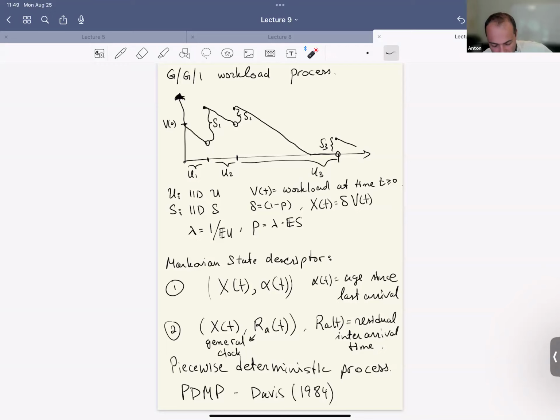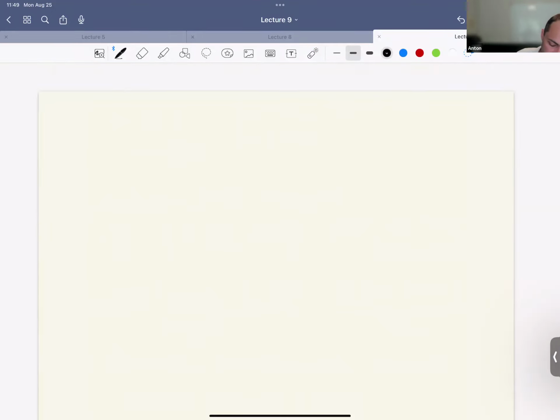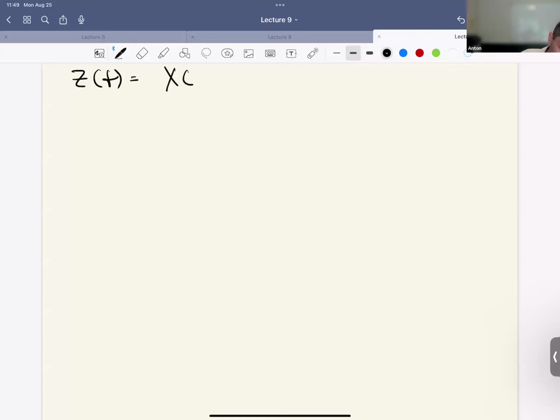Good. So what are we after? We are after extending the generator approach to this piecewise deterministic process. I'm going to use Z to denote the entire process: Z of t is X of t, comma, residual arrival time.